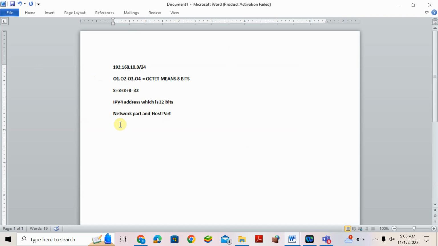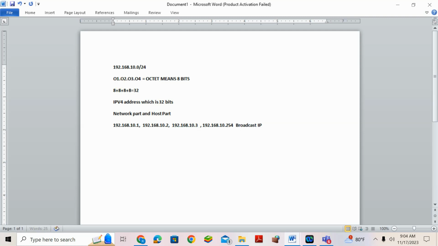The IP addresses will be from 192.168.10.1 as the first IP, 192.168.10.2 as the second IP, 192.168.10.3 as the third IP, and like that, the last IP is 192.168.10.254, and then the broadcast IP.